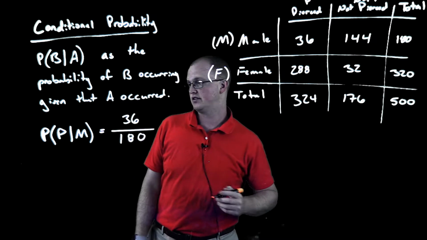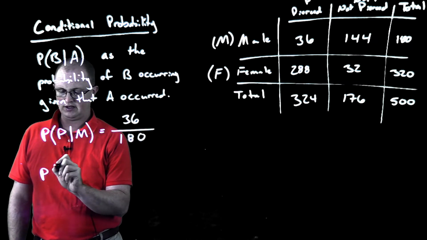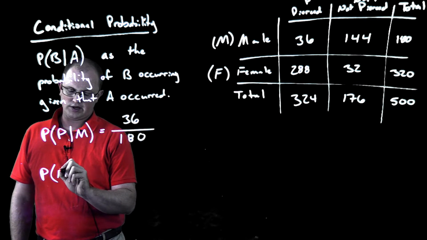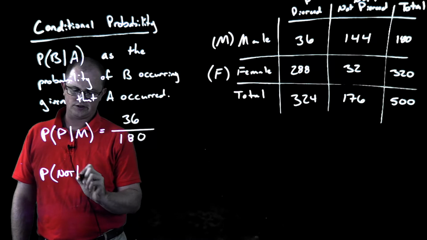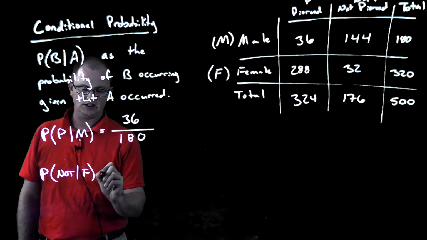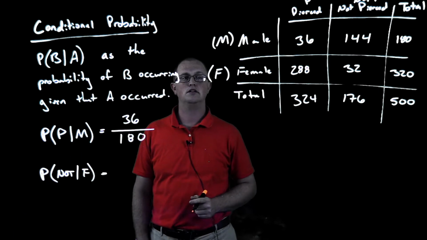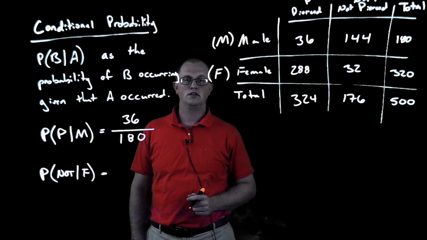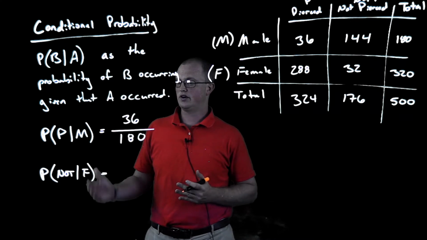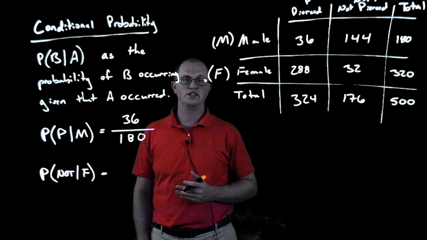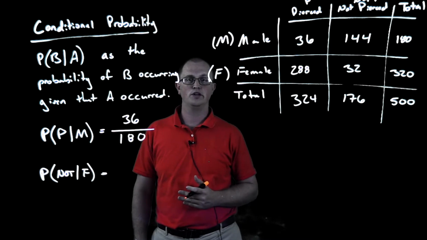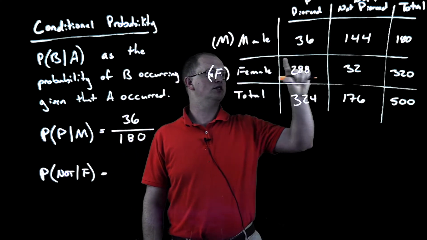We can also ask the question of what is the probability of someone responding that they don't have pierced ears, given that they're female. So here we could say, okay, we know that the person who we're interested in has already identified as female, and so in this case we're restricted to this row.